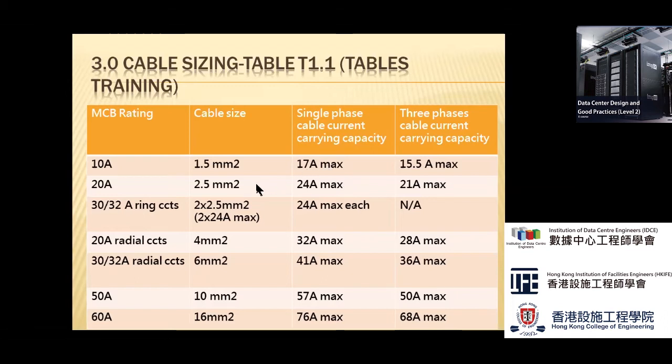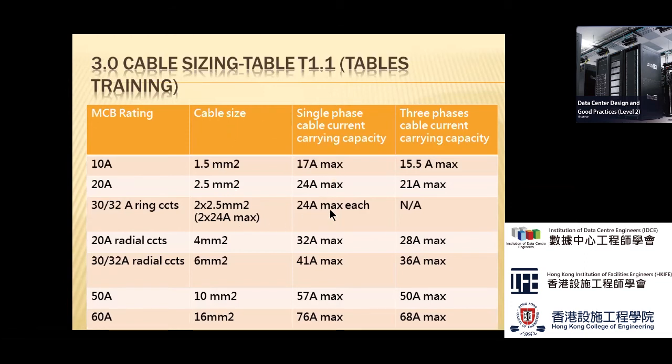Now for the 2.5 mm square cable in a three-phase supply, it can provide 21 amp. By the same token, for the 30 or 32 amp ring circuit, it's 2 times 2.5 mm square, with a maximum of 24 amp each cable. You have two cables here because it's a ring.